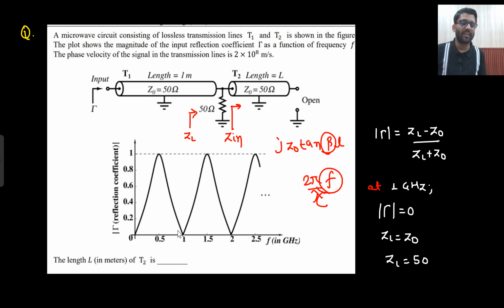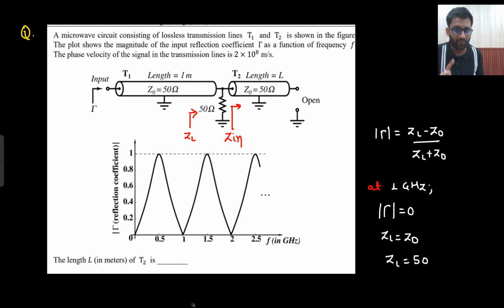But for any one frequency I am picking, at 1 gigahertz ZL is equal to 50 ohm. That means if you look from here at 1 gigahertz, you are getting 50 ohm. 50 ohm is already there. That means from this transmission line, you need infinite impedance.